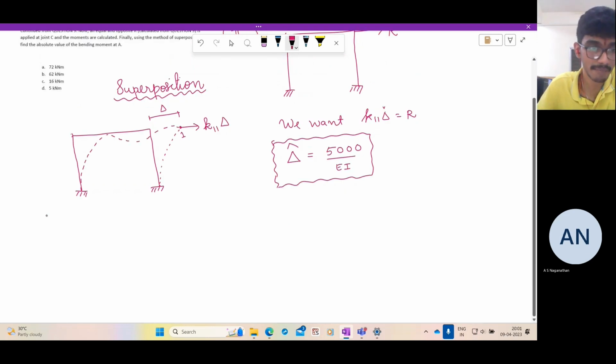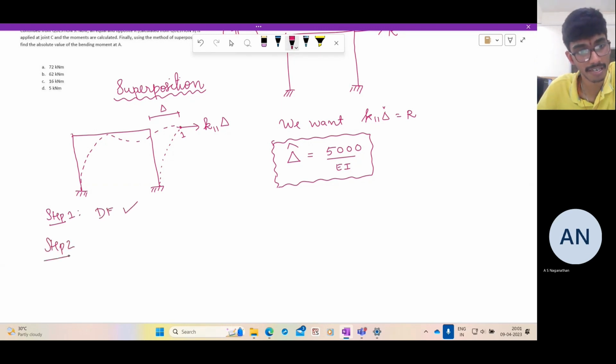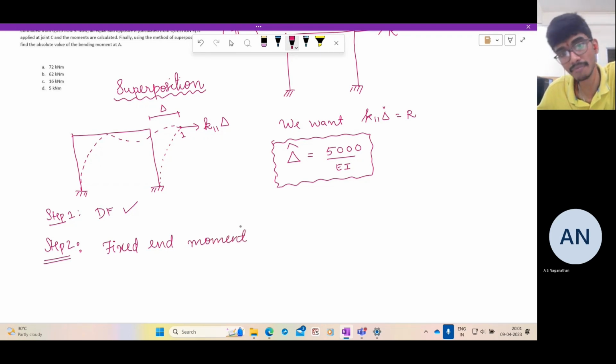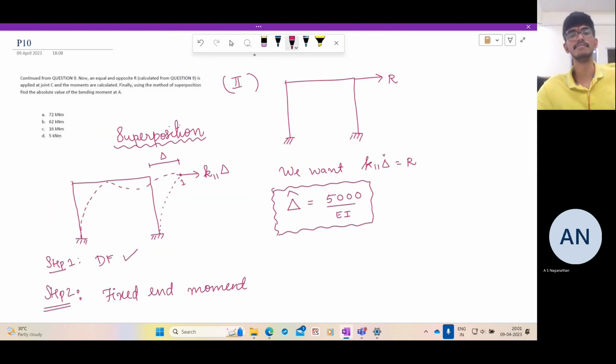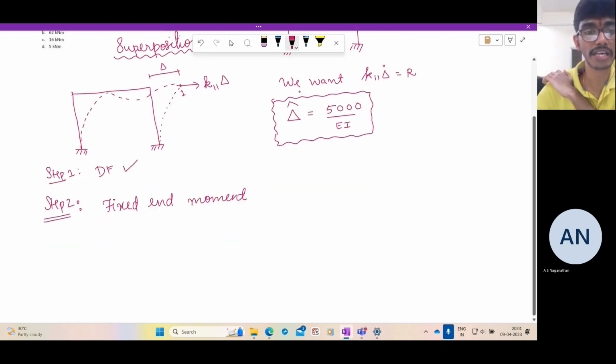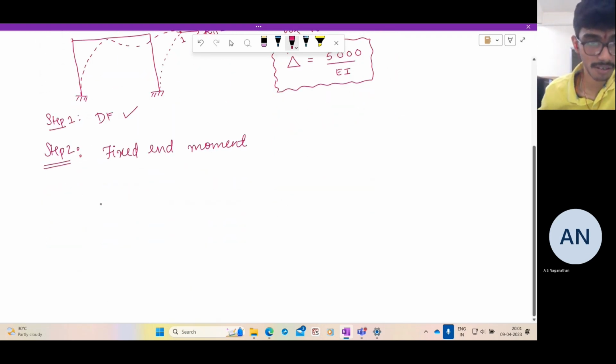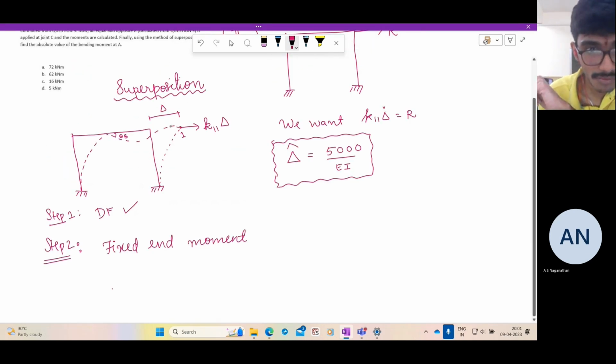Okay. As usual, what is the first step? Step 1 is to determine the distribution factors, but that is already done. Step 2 is to determine the fixed end moments. To determine the fixed end moments, we assume that the joints are restrained from rotating. So we need to understand very carefully. Here you have rotations theta B and theta C at the joints.